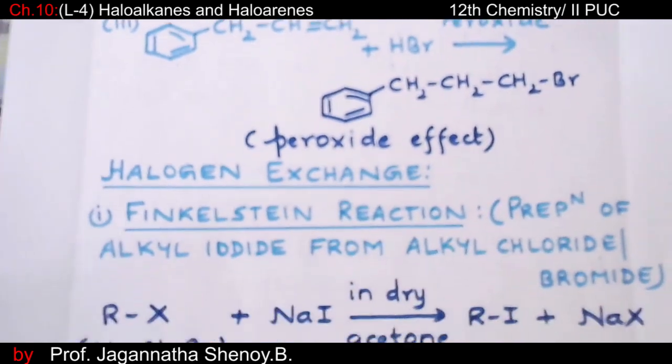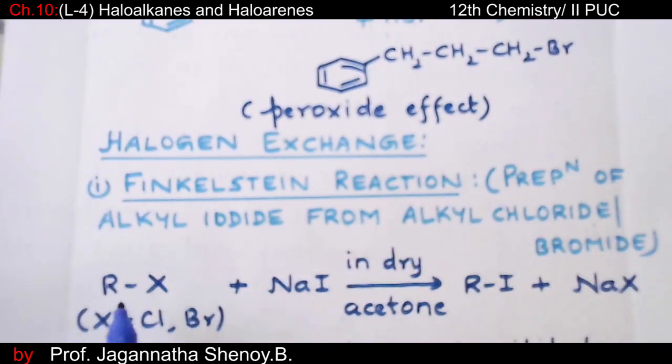So how do we carry out the reaction? I'll start from alkyl chloride or alkyl bromide. I'm going to treat it with sodium iodide in dry acetone. We get alkyl iodide and sodium halide. Now, why should I go for dry acetone as the solvent?